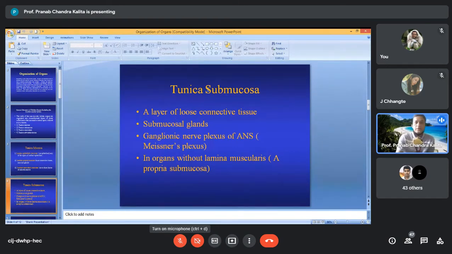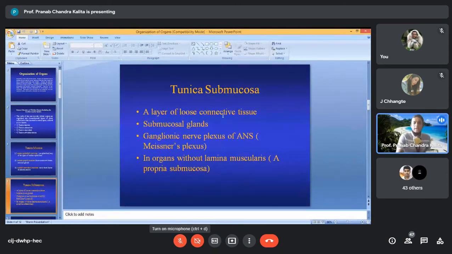So within the Tunica submucosa, you may find submucosal glands. They may vary in nature, maybe mucus, maybe serous, maybe seromucus, depending upon the different organs.